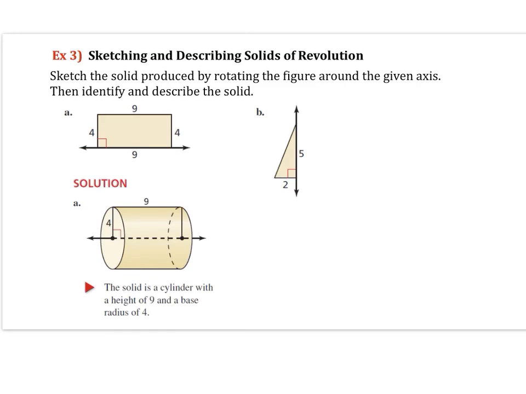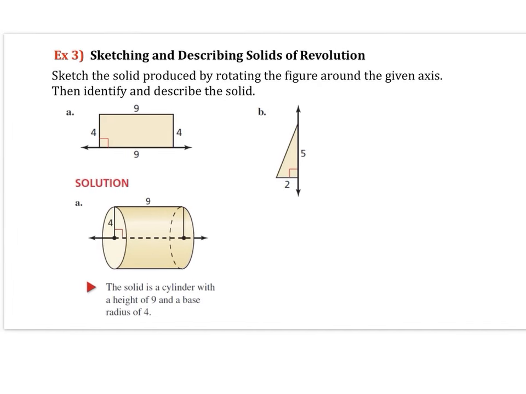You would create a solid that is a cylinder. The cylinder would have a height of 9 and a radius of 4, just like a cylinder around the axis of revolution.